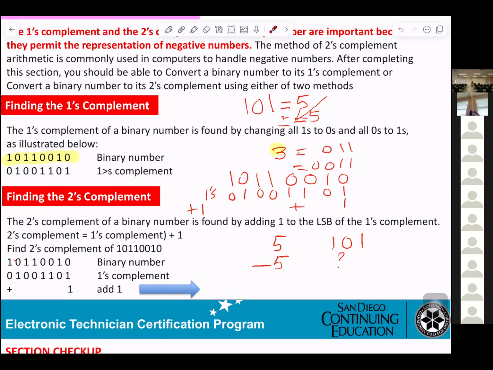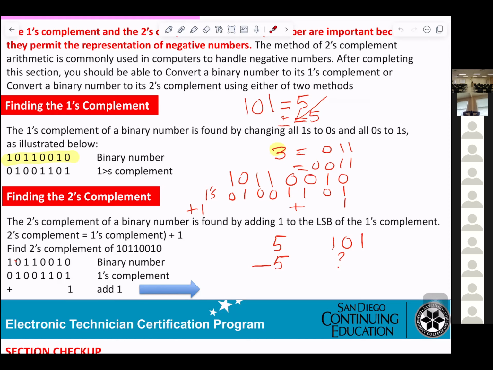Okay? Now, second complement. For the second complement, the first thing, you get a number here. Binary. You want to change to the second complement. What you have to do first, find the first complement. Okay? Then you add 1.